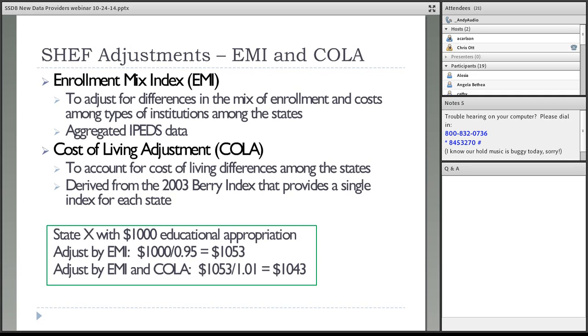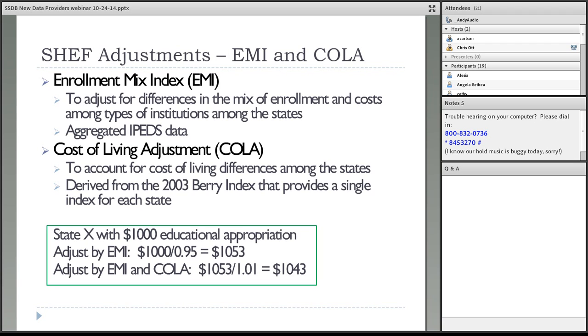So it won't be updated this year. Only HECA will be updated this year. And then the last adjustment we make is for cost of living. The thinking here being that it's a lot more expensive to live in a place like Massachusetts or Hawaii versus, perhaps, Arkansas. Therefore, that might drive some of the salary requirements, and it might drive some of the differences in appropriations.